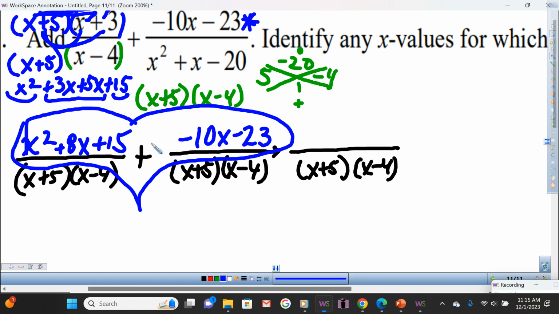So since it's addition, that means that we are going to combine the numerators. So by combining them, tell your neighbor what to write here in the new numerator. And we'll have Brandon enlighten us. What do we write if we combine it all there? What will we write?